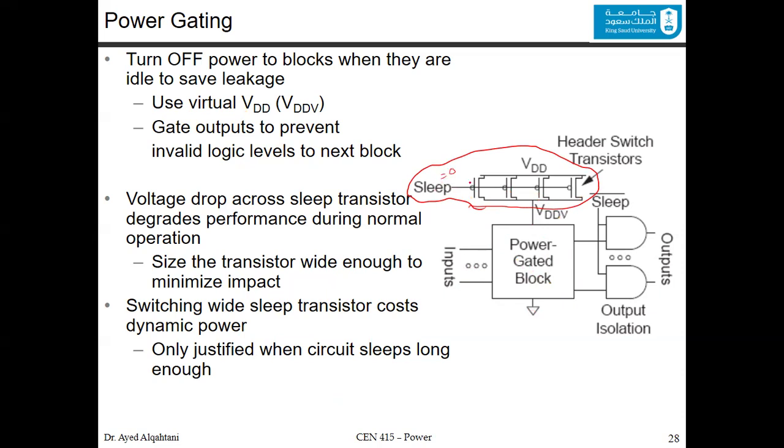So when the sleep is 0, you have 0, 0, 0, 0, so this is 1, this is 1, this is 1, and this is also 1. So the VDD will become VDD minus threshold. And here, if sleep is equal to 0, meaning that you are not sleeping, this will be 1 and 1, and you will have the normal output. So in normal operation, you will have a VDD and the output will be generated to you.